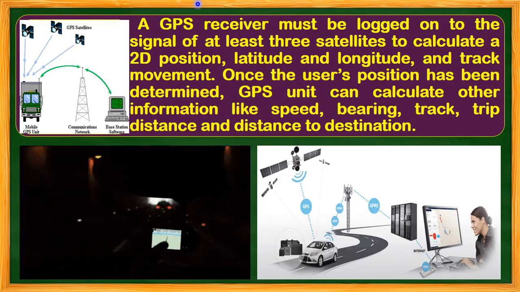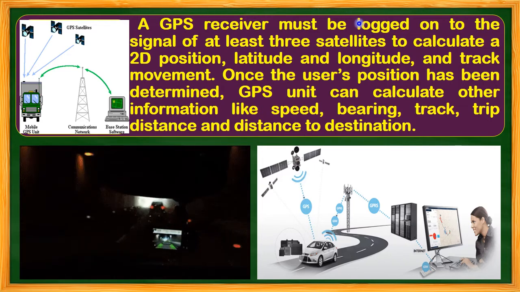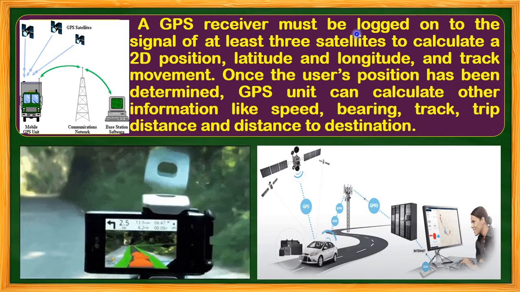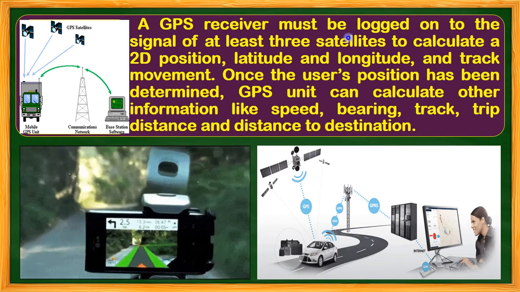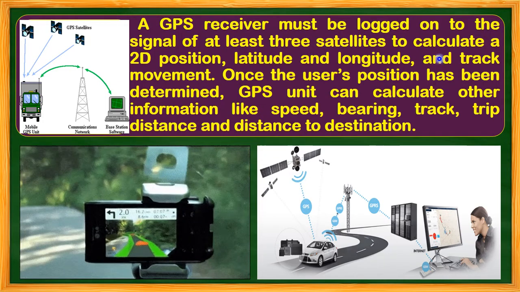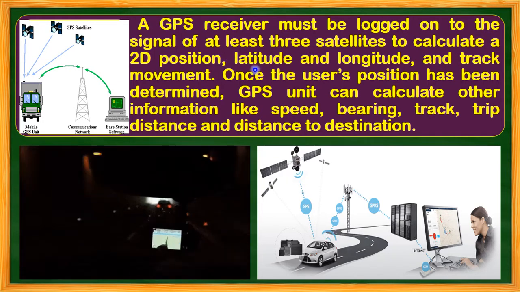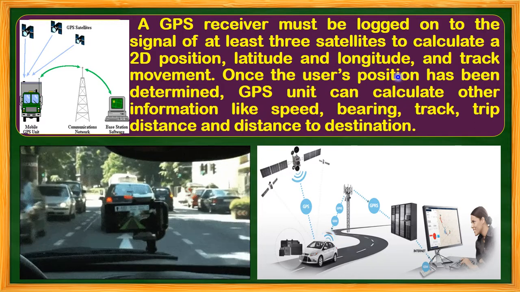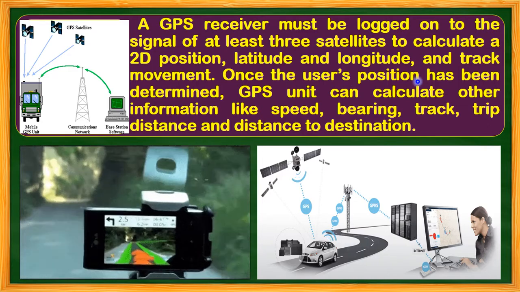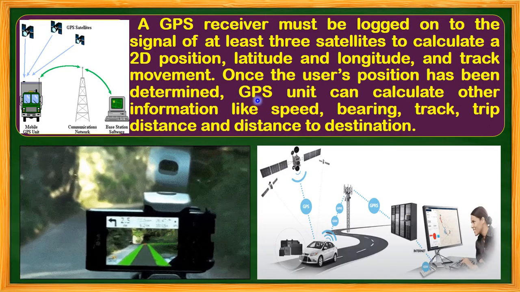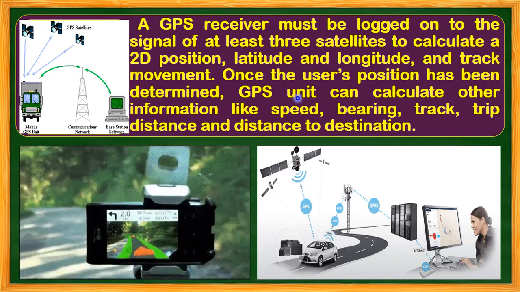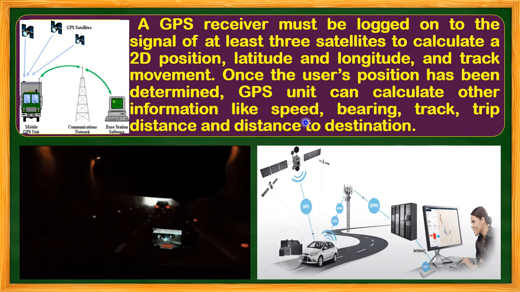Class, a GPS receiver must be logged on to the signal of at least 3 satellites to calculate a 2D position, latitude and longitude, and track movement. Once the user's position has been determined, the GPS unit can calculate other information like speed, bearing, track, trip distance, and distance to destination.